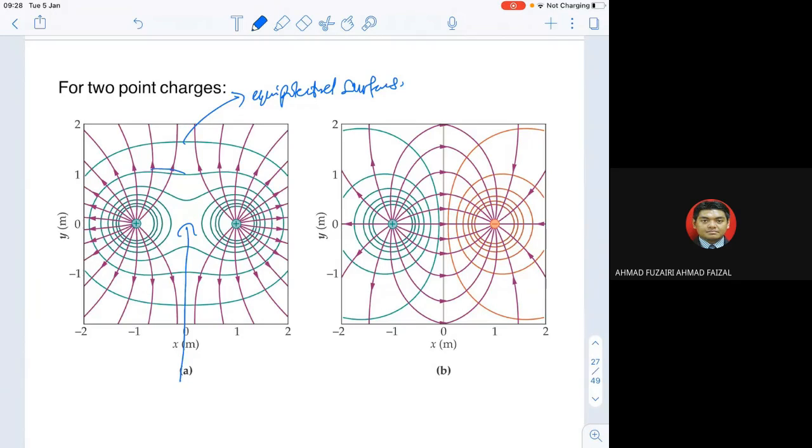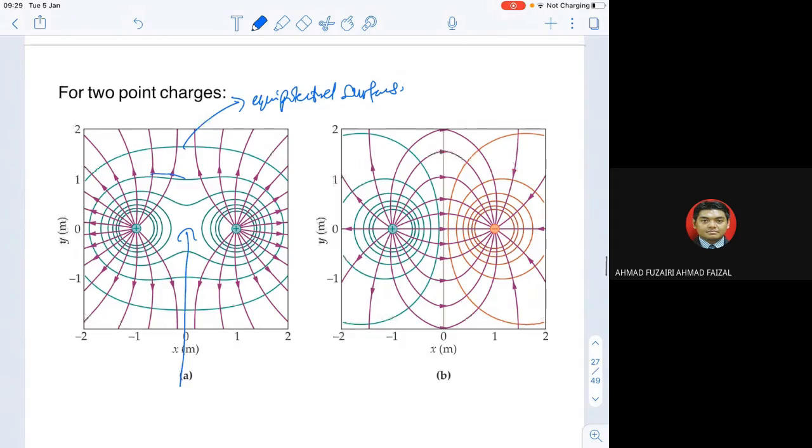In the middle there is no potential at all, no potential at the middle between 2 point charges that are equal in sign. We can still use the same properties: the line close to the charge has a greater potential compared to the one away from the charge.